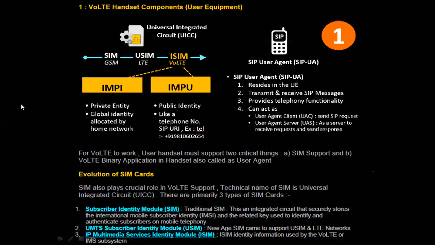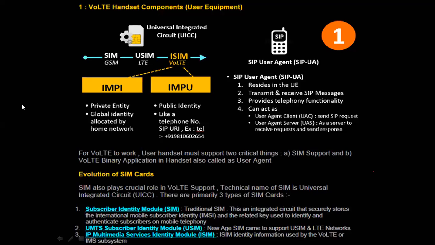As I told you previously, we will learn what kind of SIM card we are using in our phone in the upcoming slide. This is the slide in which we are learning about types of SIM card. Normally, when we are using GSM, only the SIM is used. Its full name is subscriber identity module, the traditional SIM.